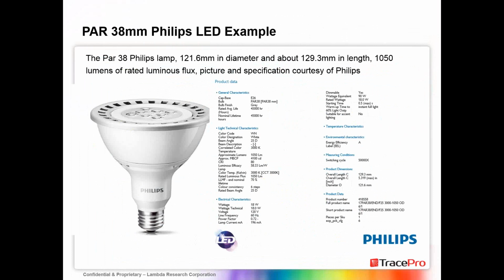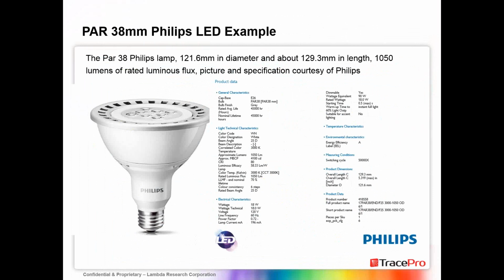Let's look at a couple of examples that are out there. The PAR 38 Philips LED example. This is it. It has about 8 LEDs. It's 121.6 millimeters in diameter and about 129.3 millimeters in length. Once again, 4.75 inches in this lens opening in the front.